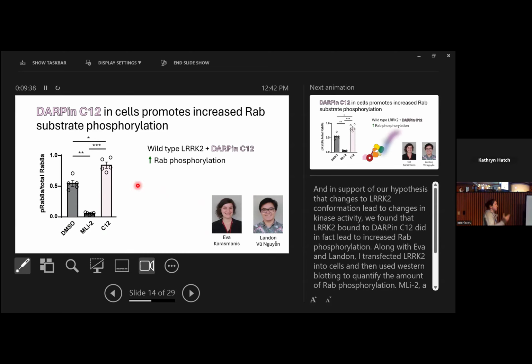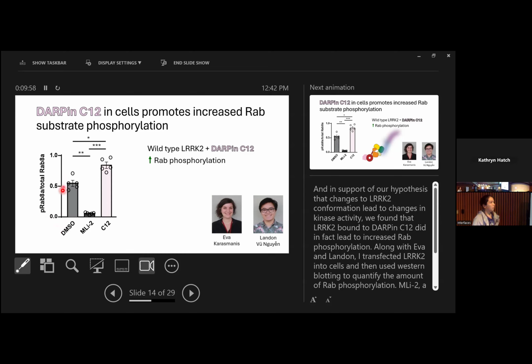And excitingly, if you are following along with me, again, when that arm is not able to dock, you have a more accessible kinase. And so, as you can see from here, you actually have an increase in phospho-Rab over total Rab compared to our DMSO control.